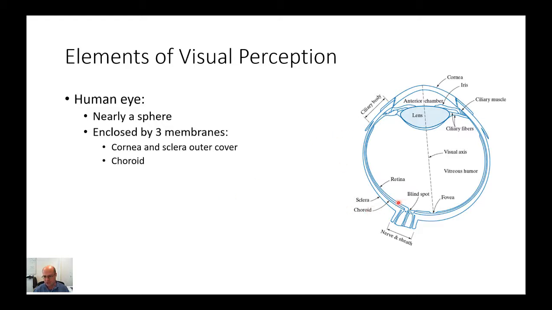And the choroid, which is this middle membrane here, that has a ciliary body, and the iris, which has a very important task, which is to contract. It contracts and expands in order to control the amount of light that's captured by the lens.